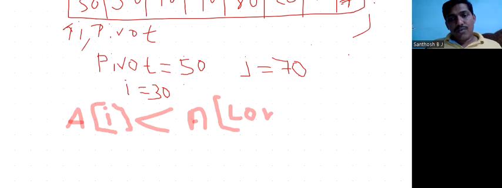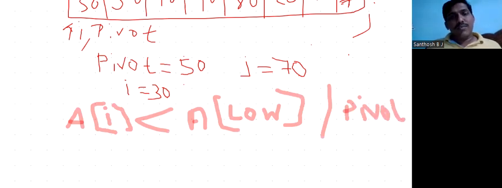Did you all understand? A of low, also called 50, or the pivot value, also called 50. You can consider either A of low or the pivot value.